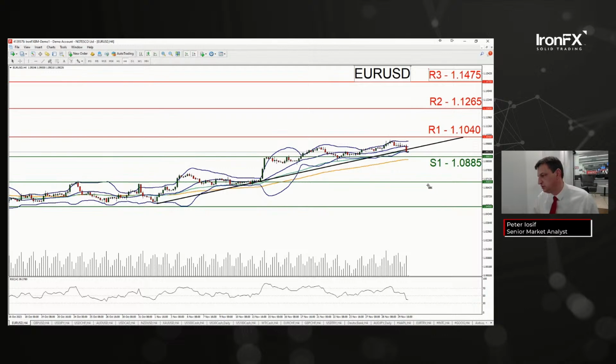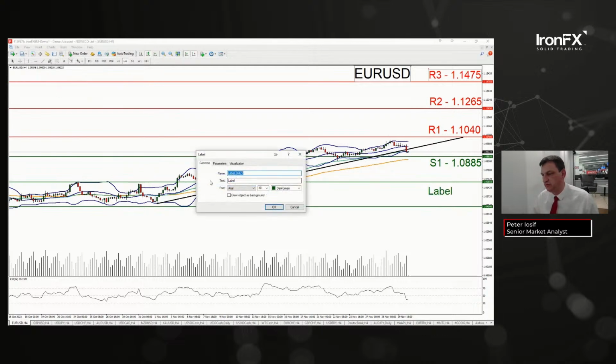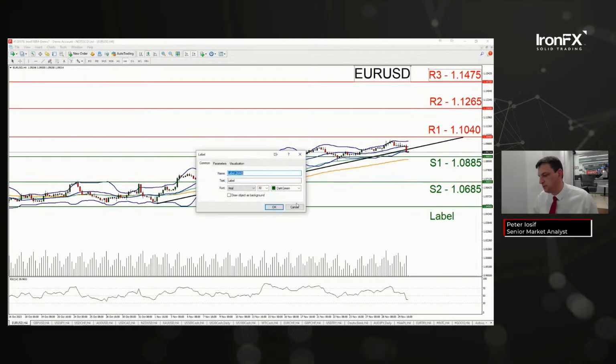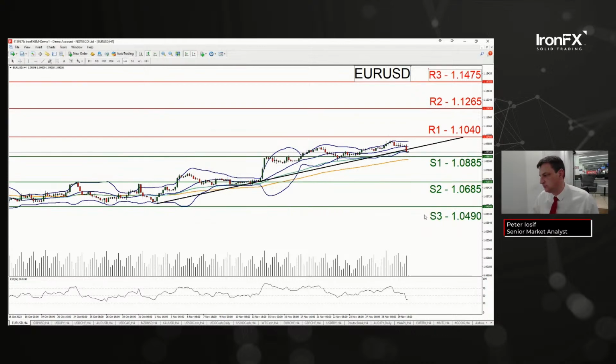The S2 at 1.0685. And the S3 at 1.0490. That's it.